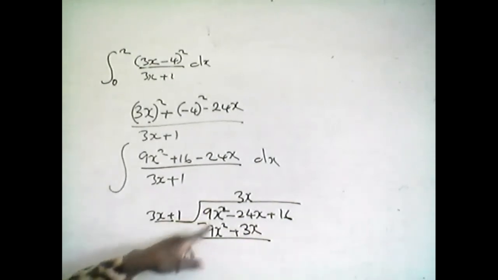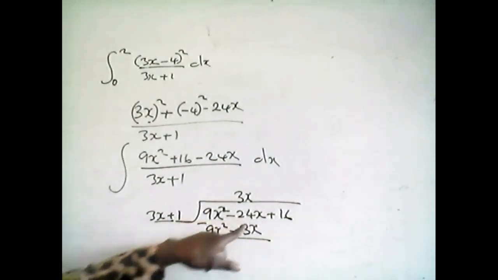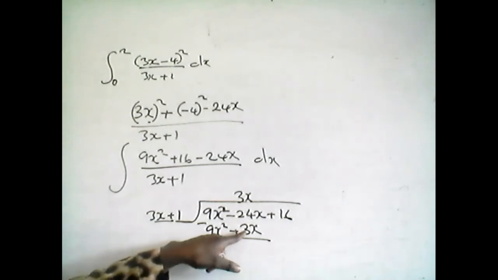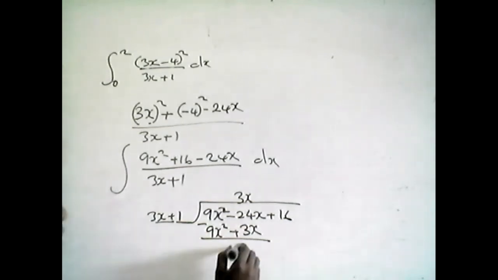Subtracting, this gives 0, and negative 24x minus 3x is negative 27x.